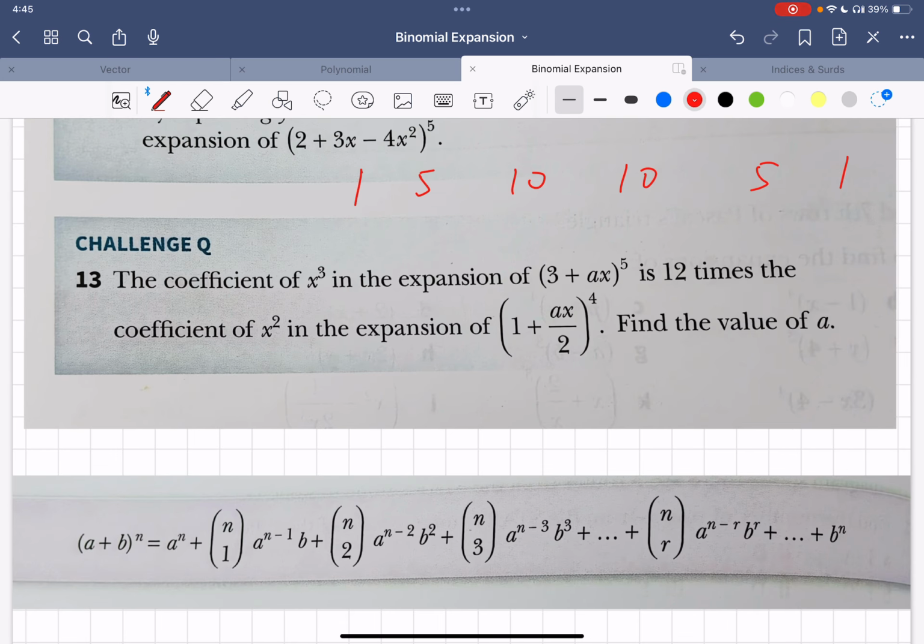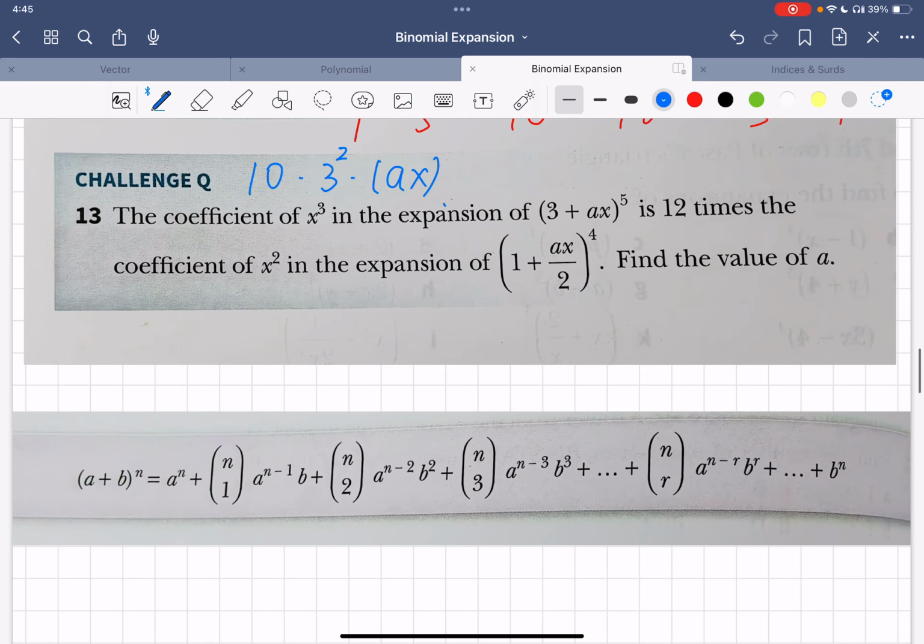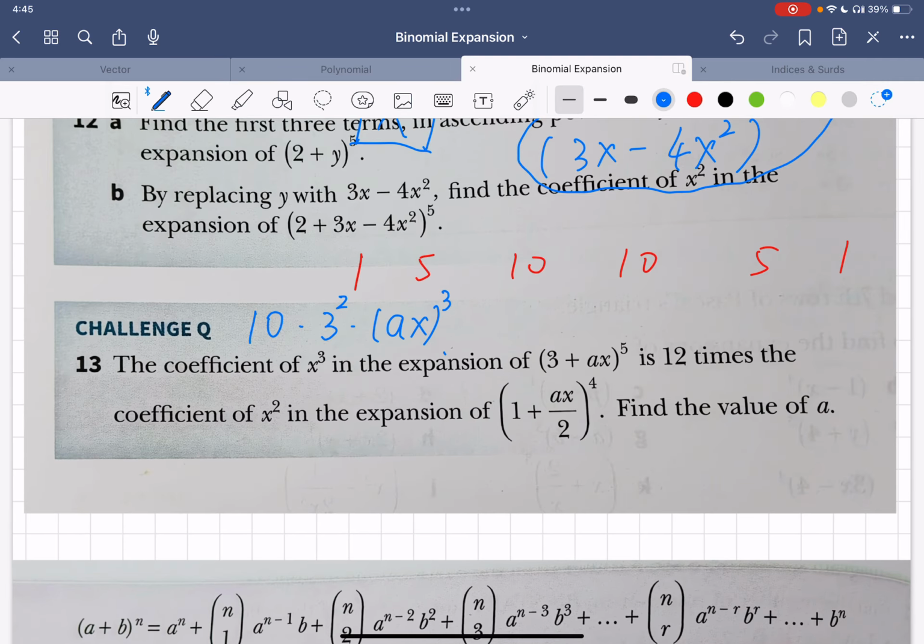So we use 10 times, because it's power 3 for x, so the other power is 5 minus 3, which is 2, plus ax to the power 3.